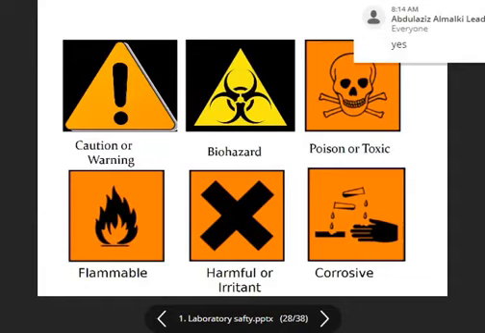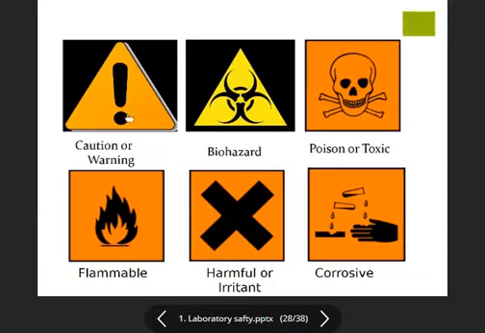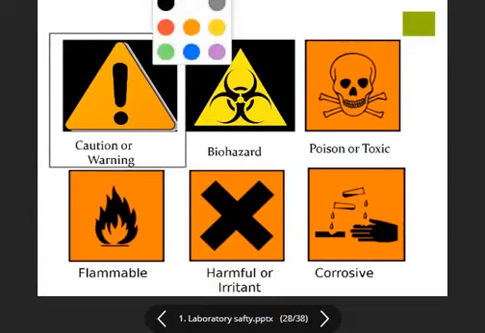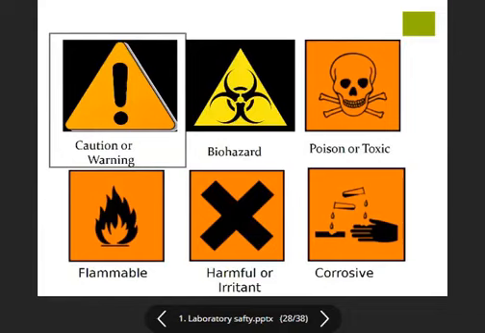Okay, starting from the first picture, this is caution or warning. Second picture, this is biohazard.